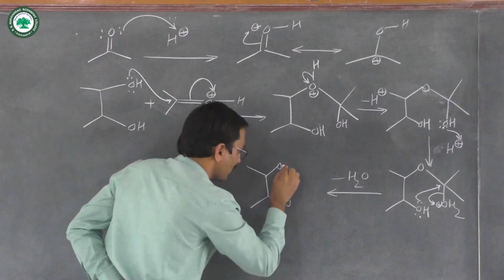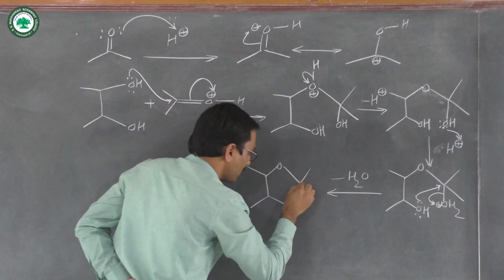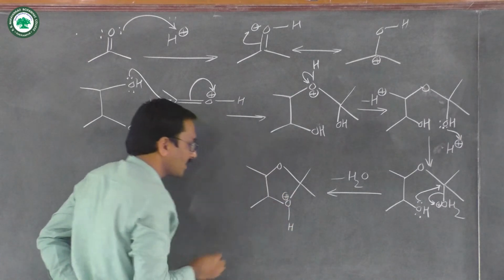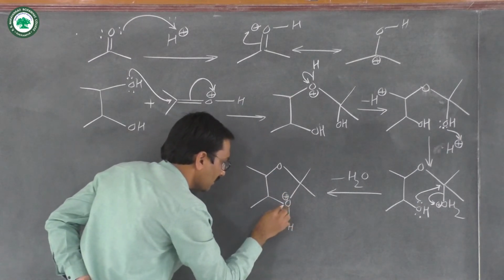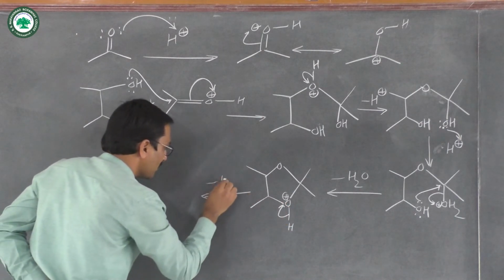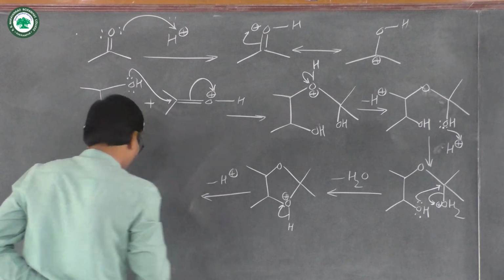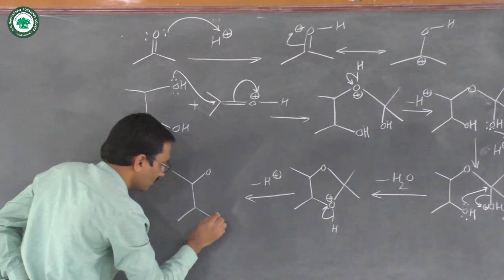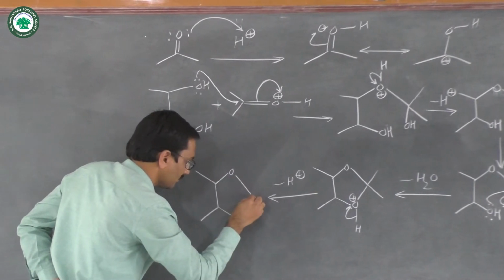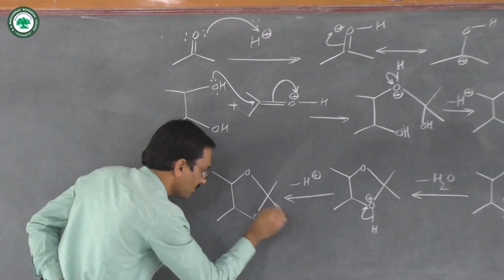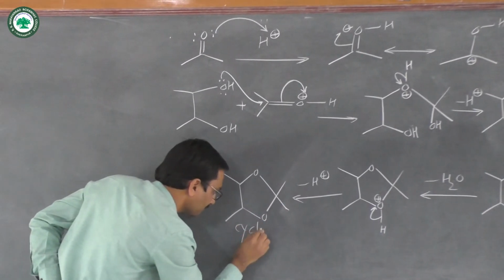Oxygen, CH3, that carries a positive charge. In the next step, that H plus is removed, minus H plus. This is the cyclic ketal.